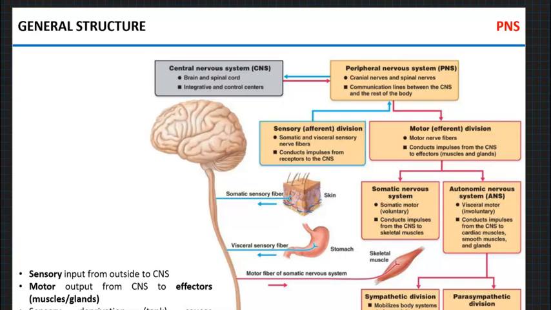So we are starting to talk about the peripheral nervous system, which includes two branches. It's the sensory branch and the motor branch.